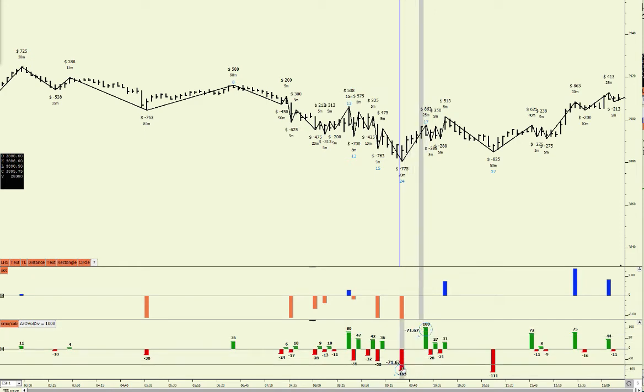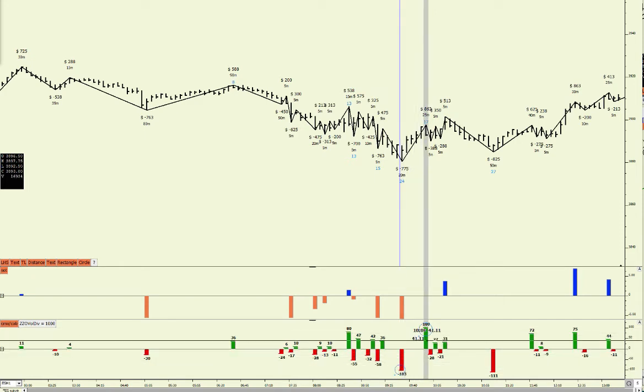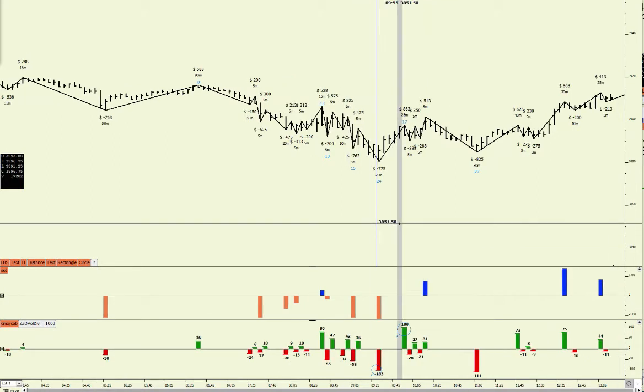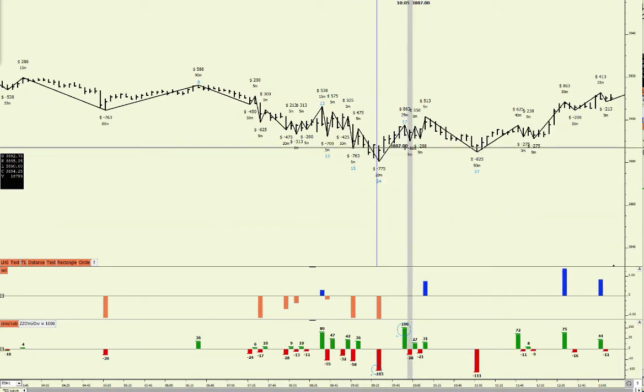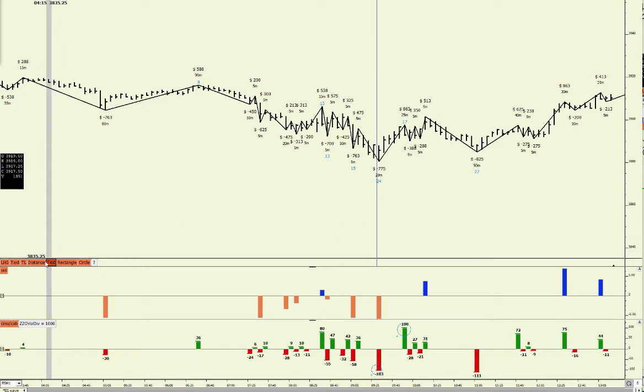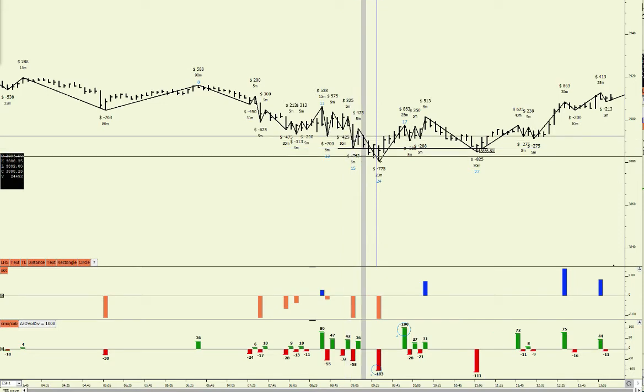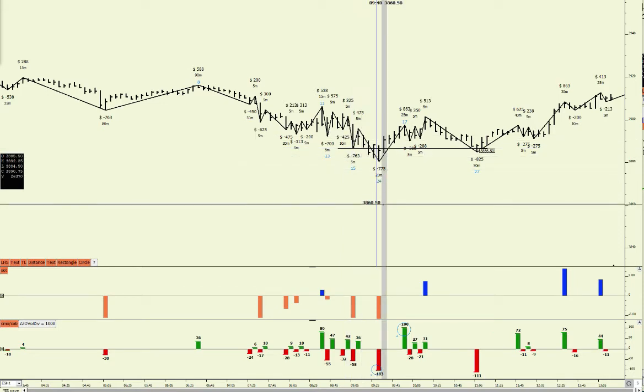This is accumulation. The other thing that's notable is that it's in a spring. Goes down, up, down. That's a spring position right there.